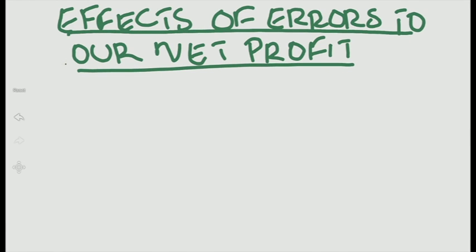When we are talking about a business, we are talking about an entity that is aimed at making profit. So if we are going to be making such mistakes, we are definitely in one way or the other affecting our net profit.